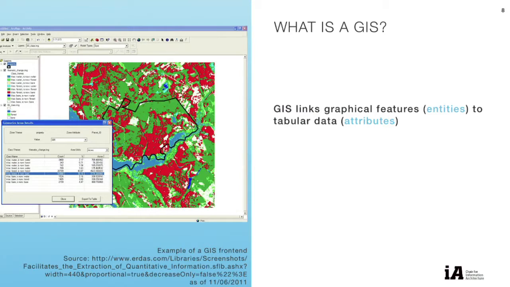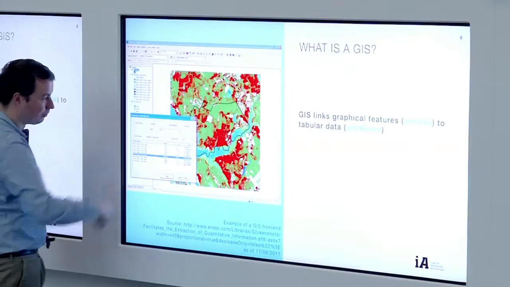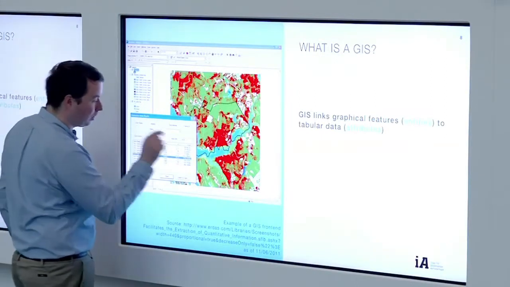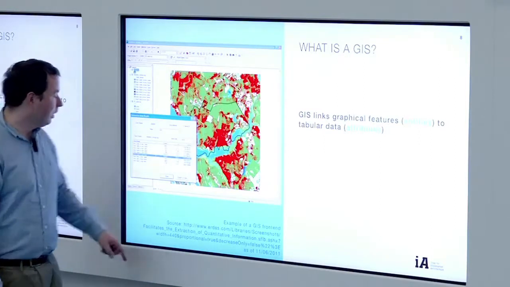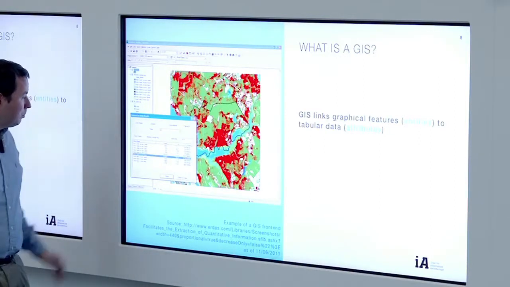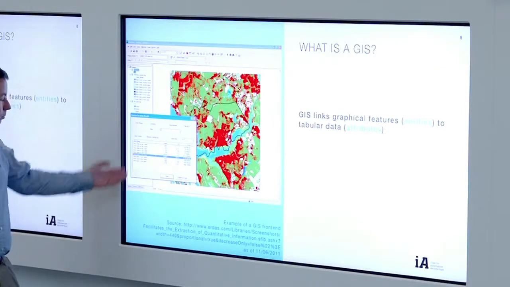So the idea of a GIS, a geographic information system, is that you can link graphical features to tabular data entries. These are sheets, and a sheet is maybe connected to a single point here, and there is a report that you get out of it, and there you have the list.